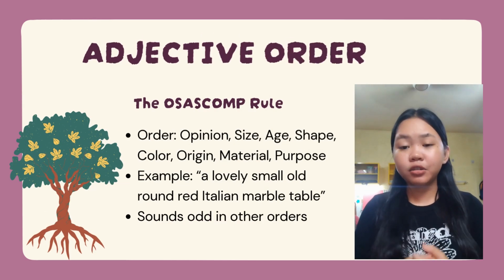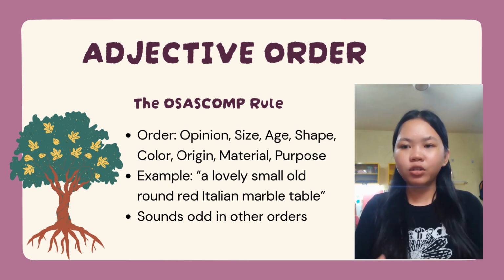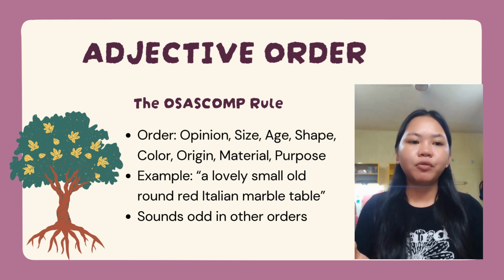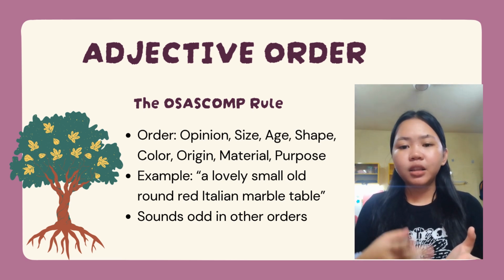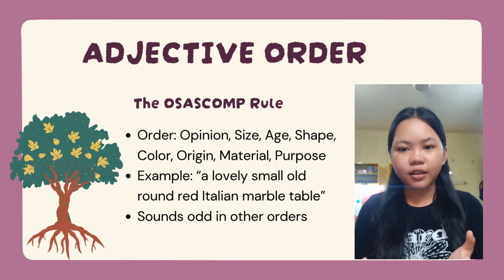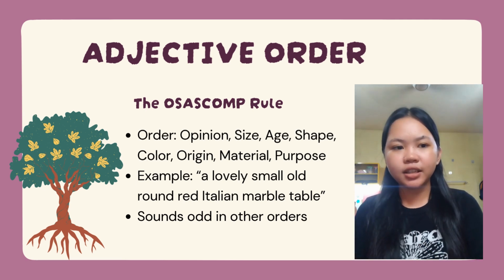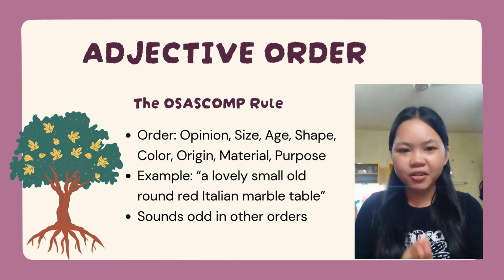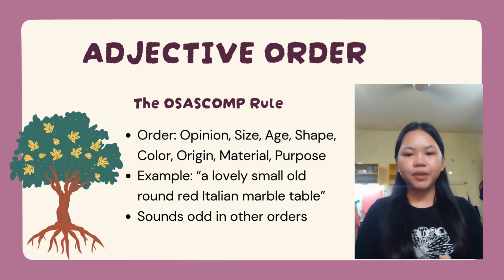Now, let's look at a curious feature of English, the order of adjectives. When we use multiple adjectives before a noun, they typically follow this pattern, starting from opinion, size, age, shape, color, origin, material, and purpose.